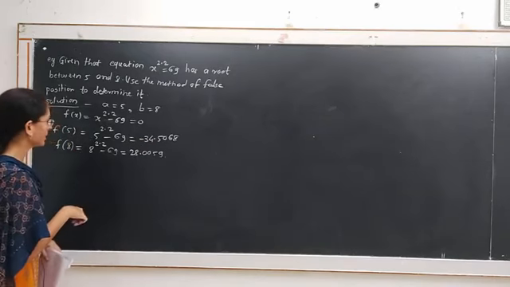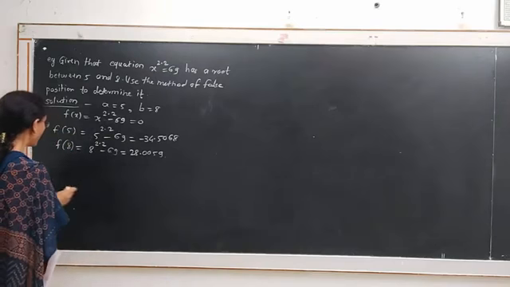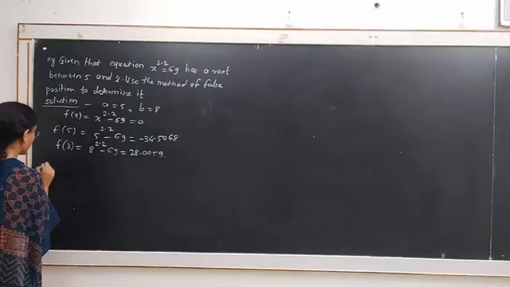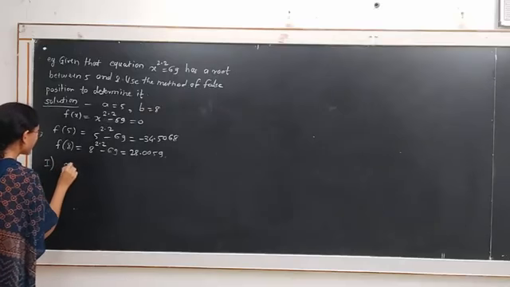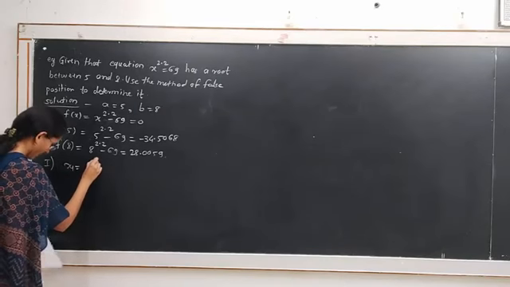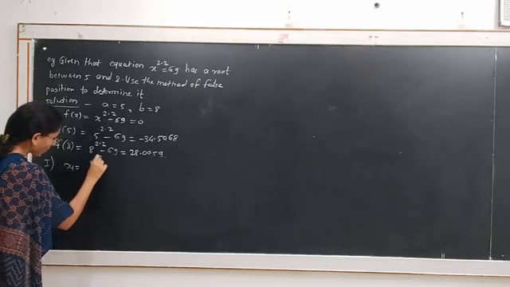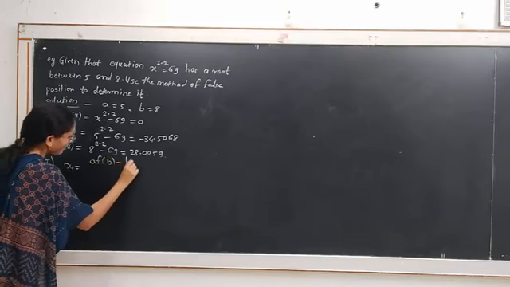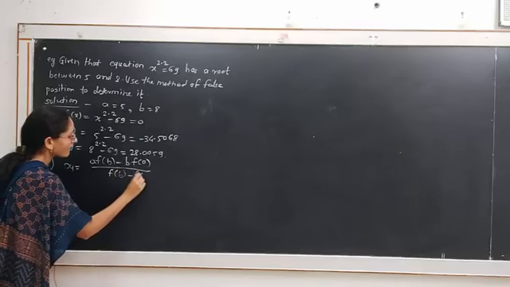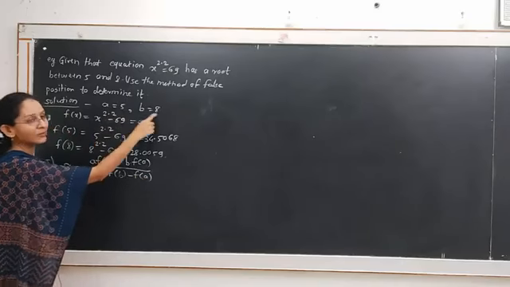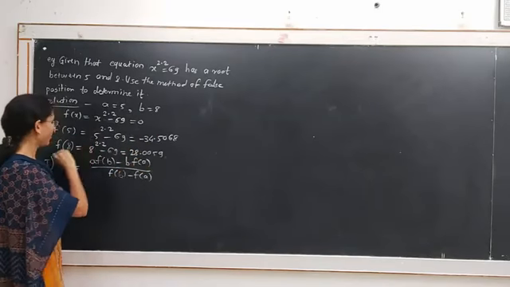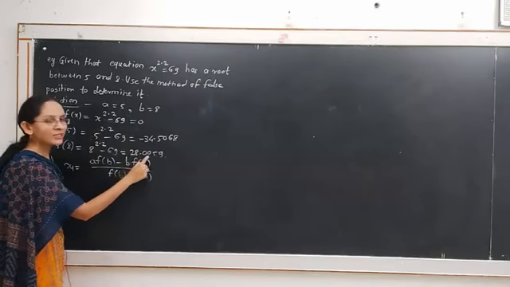Now in the regula falsi method, consider the first iteration. x1 is equal to, the formula is a into f of b minus b into f of a upon f of b minus f of a. Our a value is 5, b value is 8. F of a value is minus 34.5068 and f of b value is 28.0059.